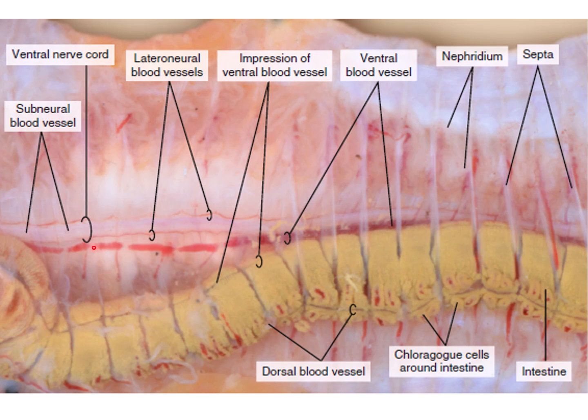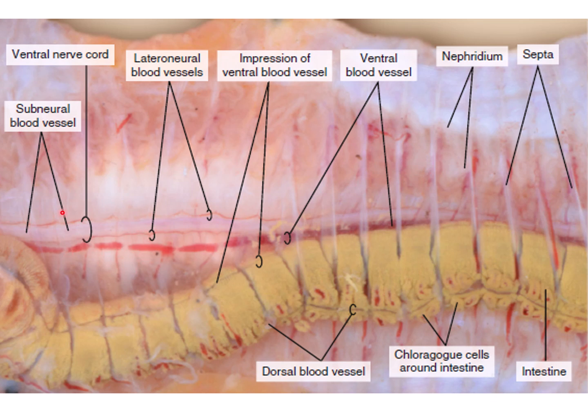So we have to retract the intestine to one side, and we can see the impression of the ventral blood vessel on the ventral side of the intestine, and we can also see the ventral blood vessel clearly here.